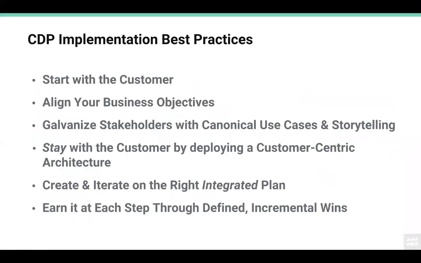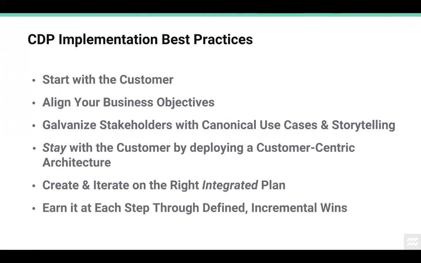So to wrap up, a couple of best practices that we've covered today would be, one, starting with the customer and their journey, and thinking about the customer value before thinking about the technology architecture and the business objectives. But then a fast follow is aligning the business objectives so that you're in that power alley where you're fulfilling both business and customer objectives.